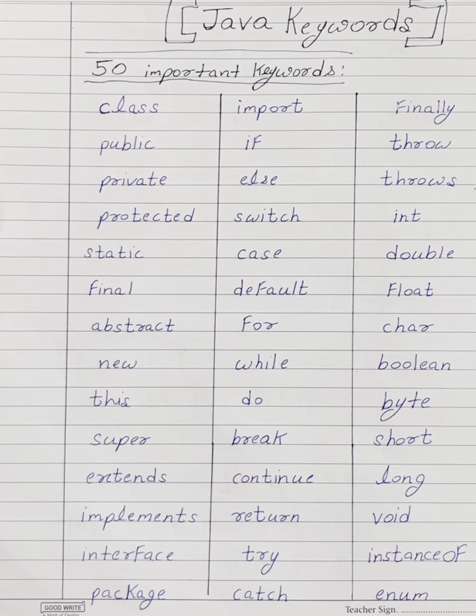Without using the new keyword, objects of a class cannot be created. Apart from that, every time a new object is needed, the new keyword allocates the required memory and returns a reference to the newly created object. Okay.